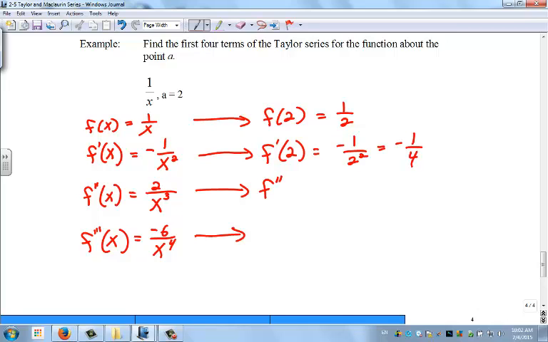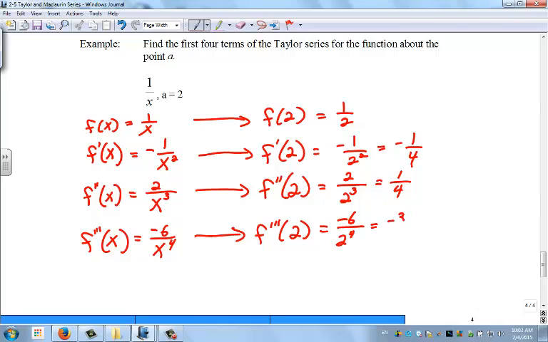F double prime of 2 is equal to 2 over 2 to the 3rd, which is equal to still 1/4. And then f triple prime of 2 is equal to negative 6 over 2 to the 4th, which is equal to negative 3/8. So there are your derivatives.